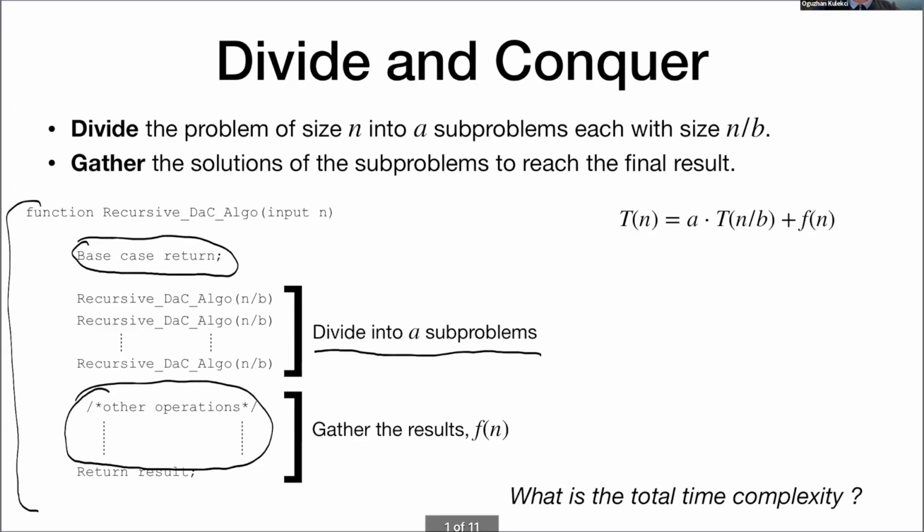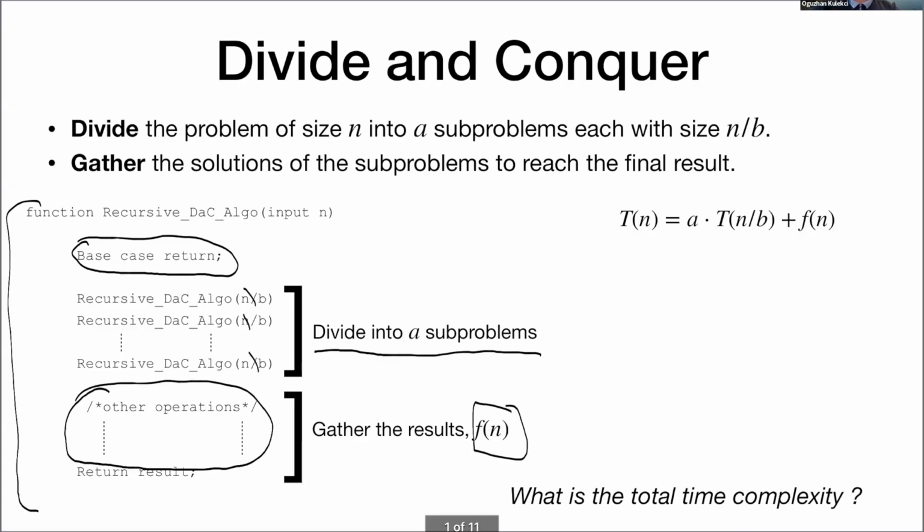The important point that we will be using in the upcoming slides is that we show all the other operations, other than creating the child problems, with the function f(n).